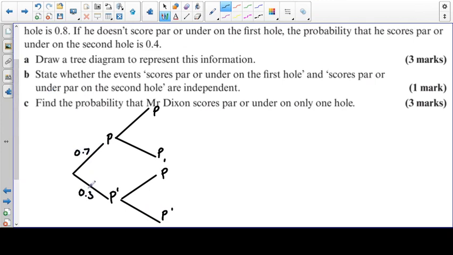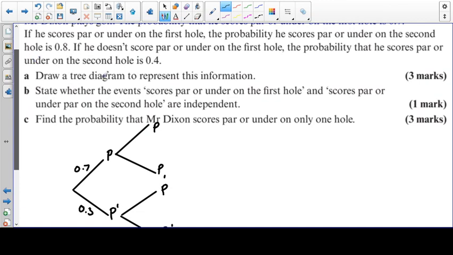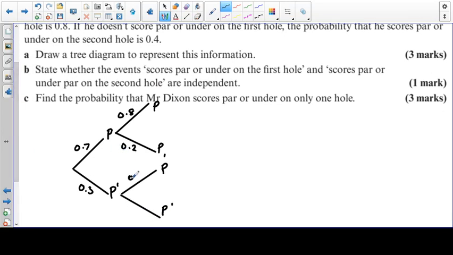That's 0.3. If he scores par or under on the first hole, the probability he scores par or under on the second hole is 0.8. And if he doesn't score par or under on the first hole, the probability he scores par or under on the second hole is 0.4.